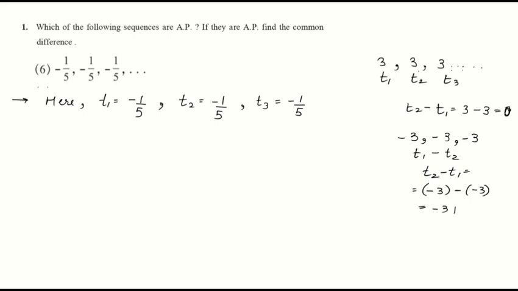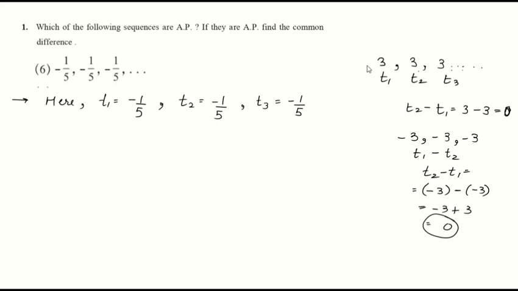Minus into minus is plus, so minus 3 plus 3 is 0. If we have the same number in a given sequence, the difference we get is 0.